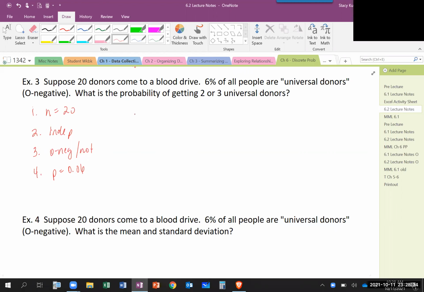Now the statement says the probability of 2 or 3. And I write that as an in-between statement, right? Because if I can get 2 or 3, that means I'm going to get 2 up to 3, correct? I can have the minimum of 2 up to 3. That's an in-between statement.